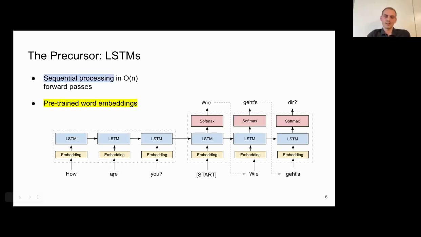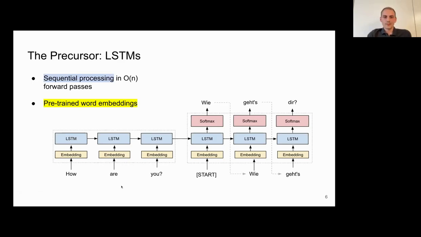So you process the next word and take the previous internal representation into account. That's exactly what makes it a recurrent neural network, the recurrence. The way you would represent the words commonly is through word embeddings. They could either be learned from scratch, or you could use some pre-trained word embeddings like word2vec. This was the standard way of tackling these types of tasks at this time.